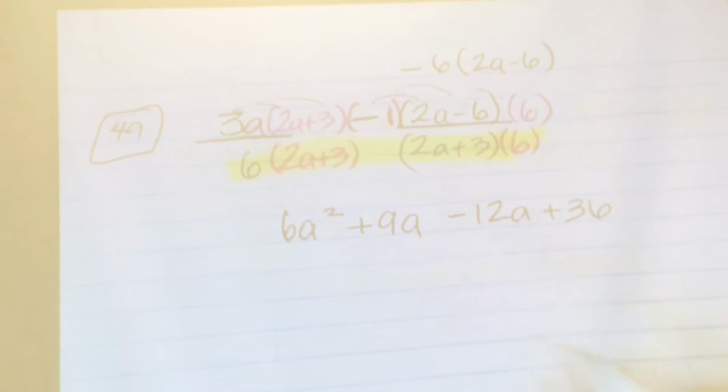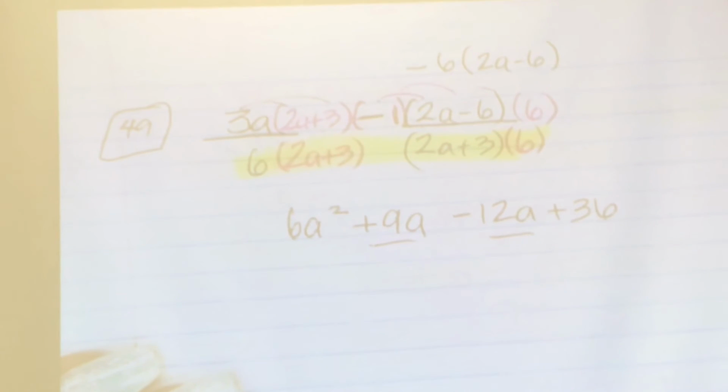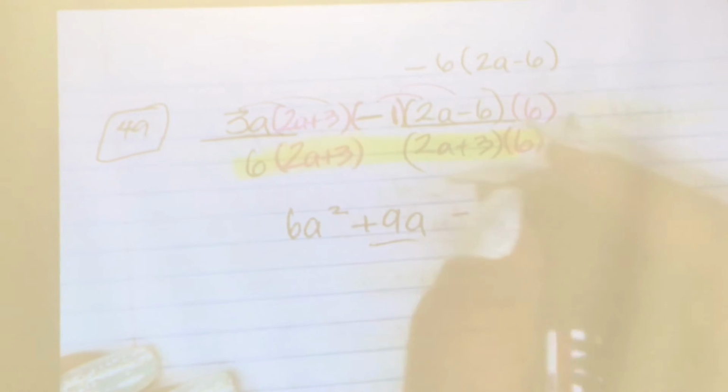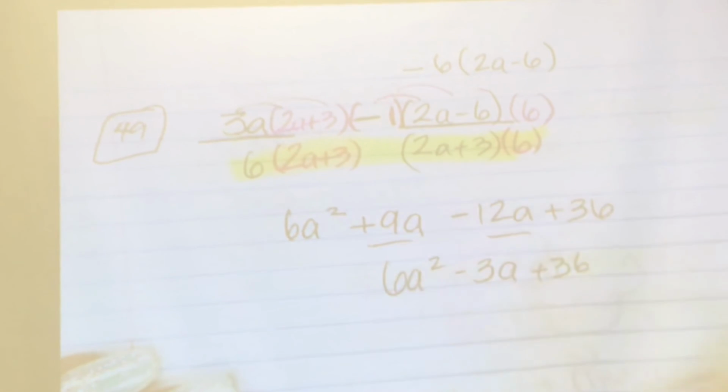All right, now let's just clean up shop. Clean it up. This guy and this guy are like terms. So I have 6a squared minus 3a plus 36. What can I factor out? Oh, 3. Why not a 6? Can you take a 6 out of here?